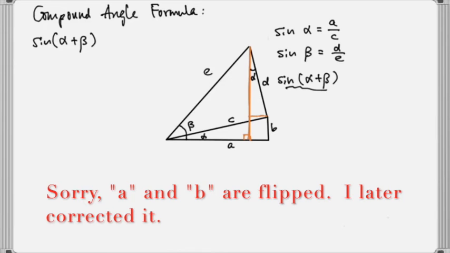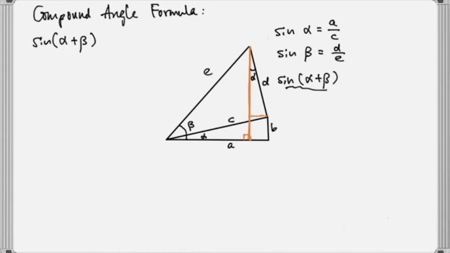I'm not going to get into that, but it is going to be key in my derivation. So that angle is alpha, and furthermore, I'm going to break the orange line into two sections. I'm going to call this L, and this section M. With that, I think we can continue.